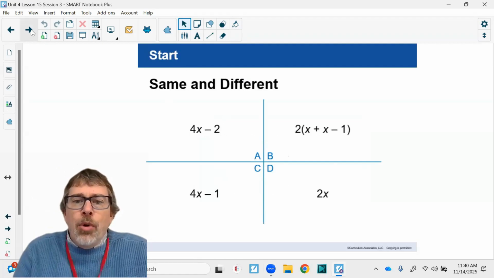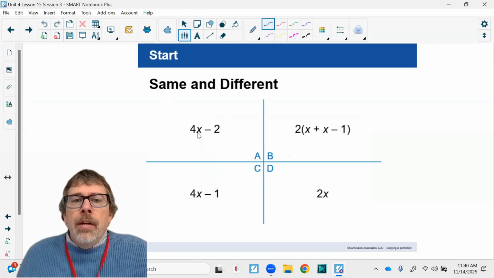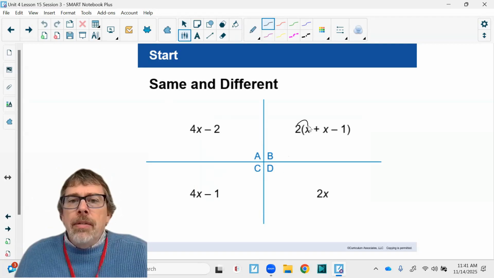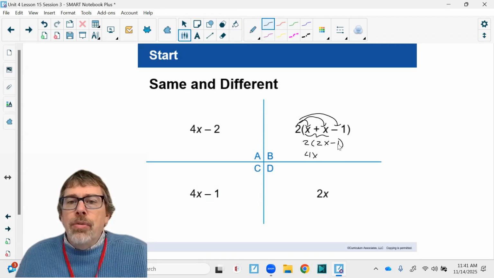And it says same or different. So looking at these, I see coefficient variable minus a constant, so a binomial, same here. And this needs to be distributed like so. Actually, we could combine these first, okay? So that is going to be 2 times 2x minus 1 when I combine those and then distribute and get 4x, and 2 times a negative 1 is negative 2.